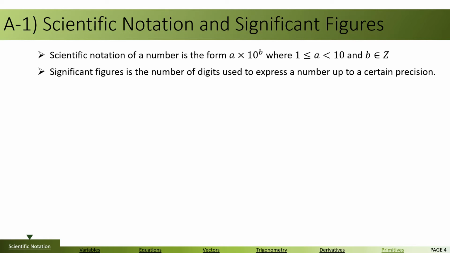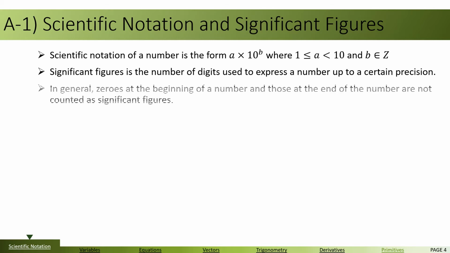For example, writing a number as 3.1 is different than 3.14. You all agree that 3.14 is more accurate than 3.1. So in significant digits or figures, we simply specify the amount of digits needed in order to express a number to a certain precision level.